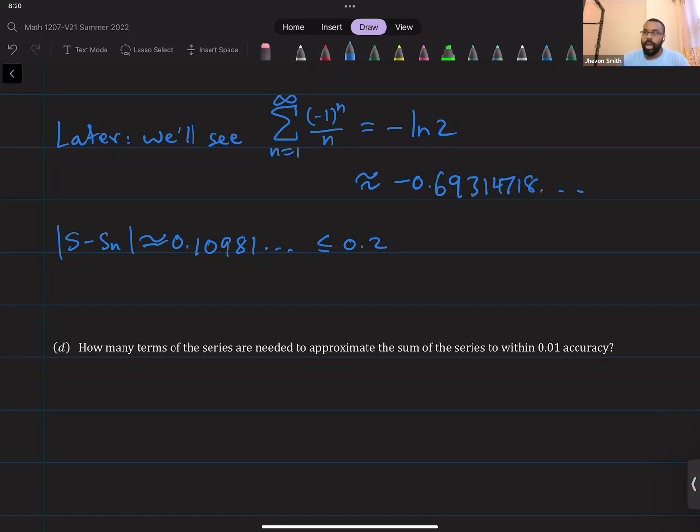So here we're asking the question, what if we want to be off by 0.01? I want to be within 1% of the actual answer. 0.2 means I'm within 20% of the actual answer. That's too big. A 20% error is too much. What if I want the error to be 1%?